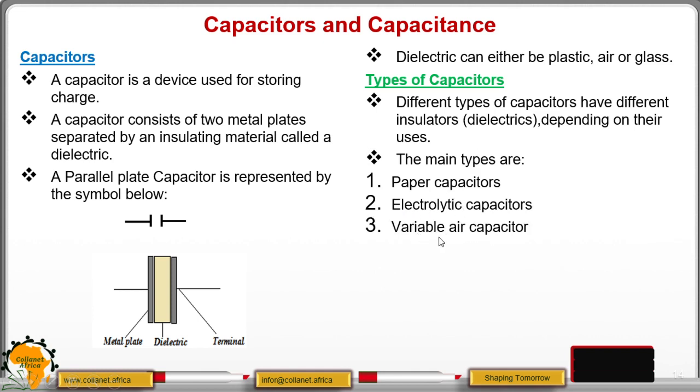And then we have a variable air capacitor. When we talk of a variable air capacitor, it implies that the dielectric is air. Remember, all these, paper, electrolyte, and air, can be insulators. We are going to see how each of them works, or how it is made.